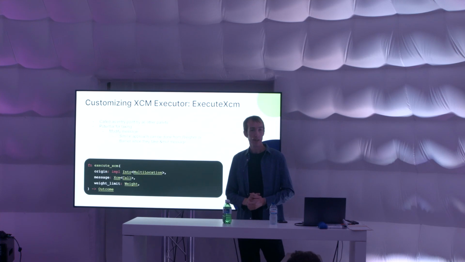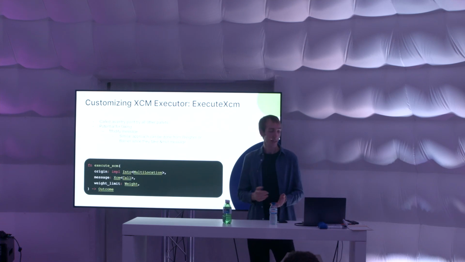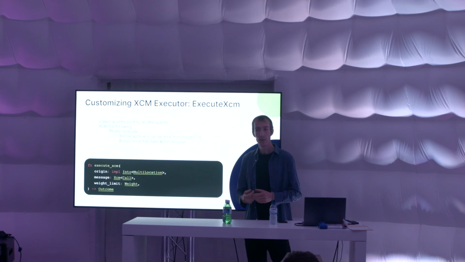So the way that we finally managed to implement taxing is by actually using the execute XCM hook, which is really the highest level entry point into the XCM executor. So any pallet that is using XCM is calling this function execute XCM.